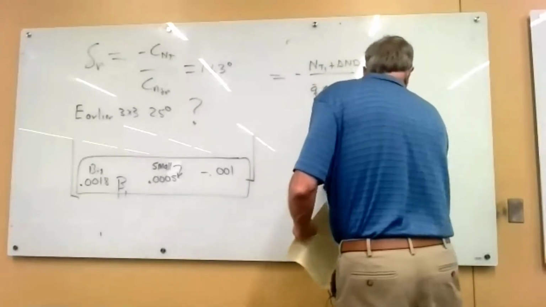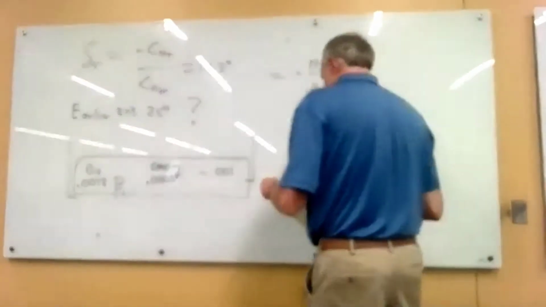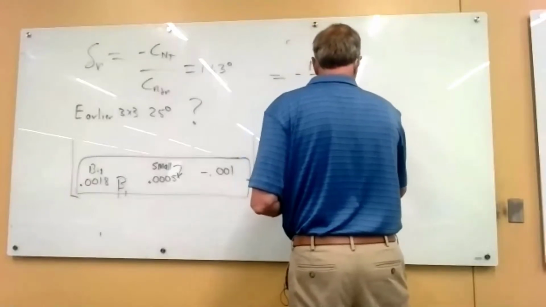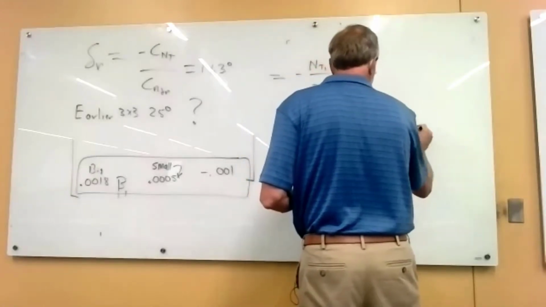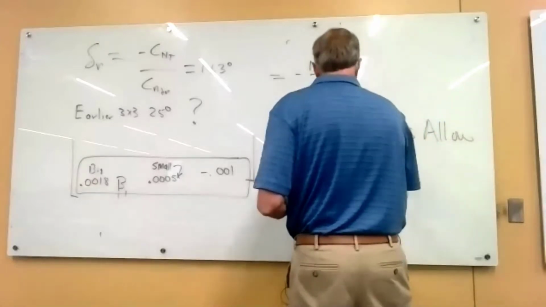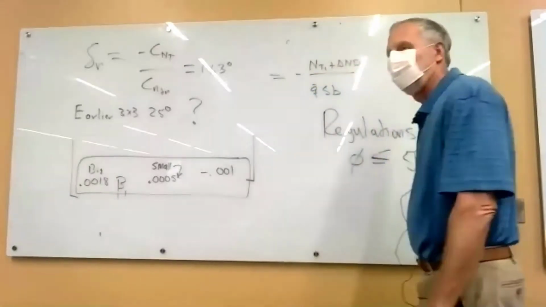If you look at the regulations for one engine out conditions, they allow you to bank the airplane up to 5 degrees.